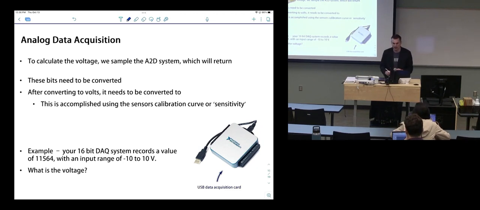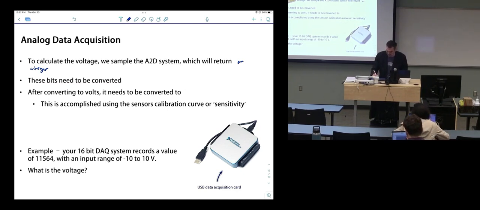This will return an integer. I want to say number of bits, but I don't want that to get confused with the number of bits of your A to D card.